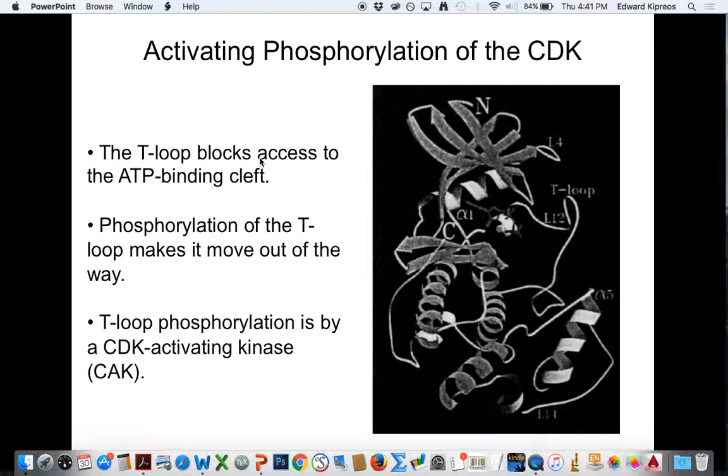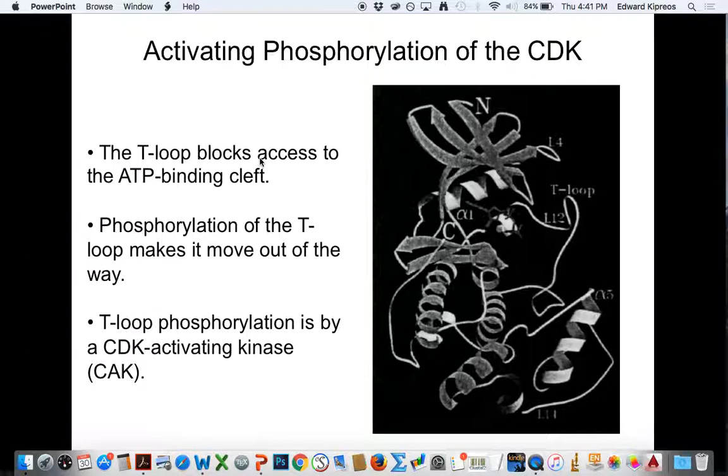The ATP is negatively charged; it's got 3 phosphates on it. The inhibitory phosphorylation phosphorylates residues right in this binding pocket, and because you've got negative charges in the binding pocket, the ATP can't bind anymore. So it prevents the CDK, when it's phosphorylated in the binding pocket, from binding ATP.